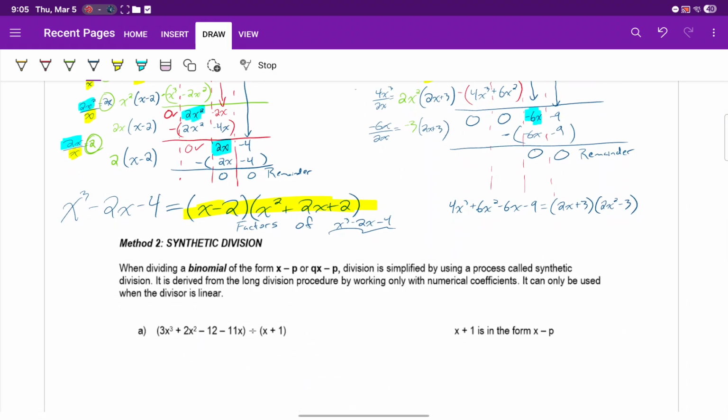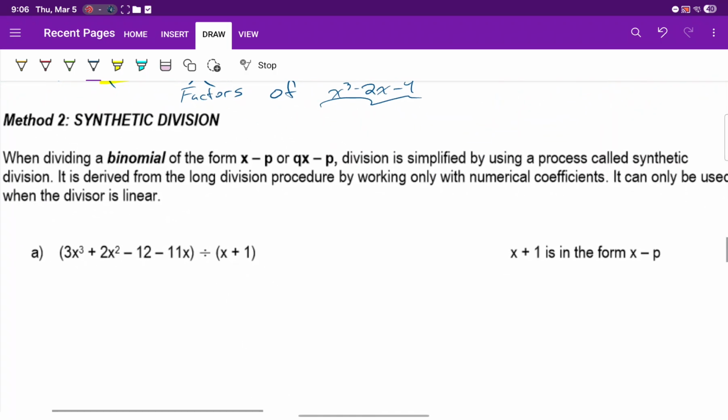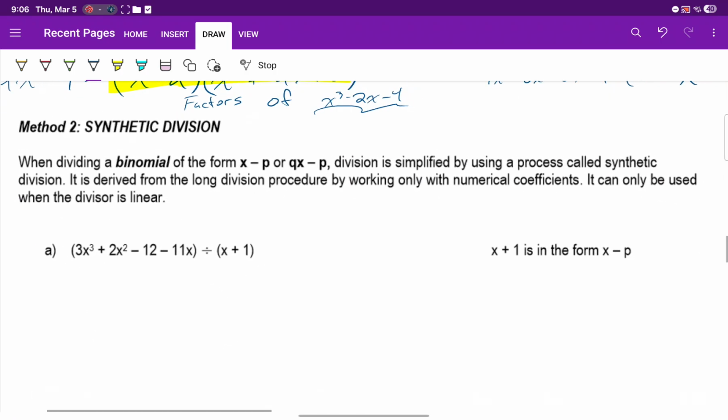Now we're going to look at the shorter and better version. It's called synthetic division. The only problem with this one is that it does have some restrictions, and you'll see this as we read through, but it can't always be used. There are cases where synthetic division cannot be used and you would be forced to use long division.